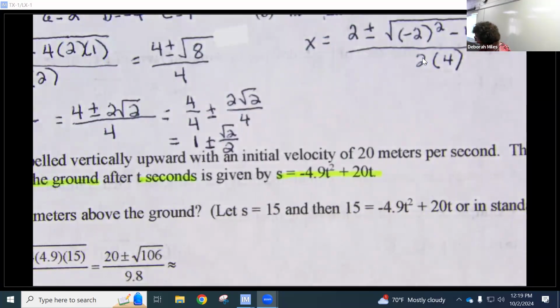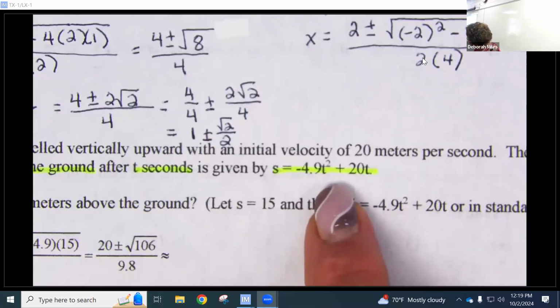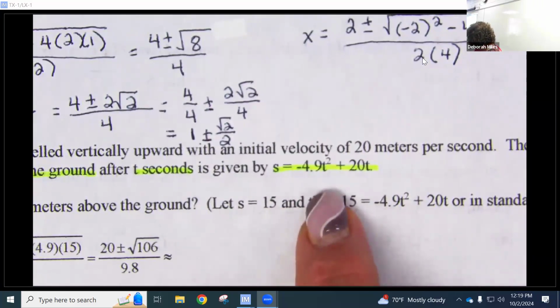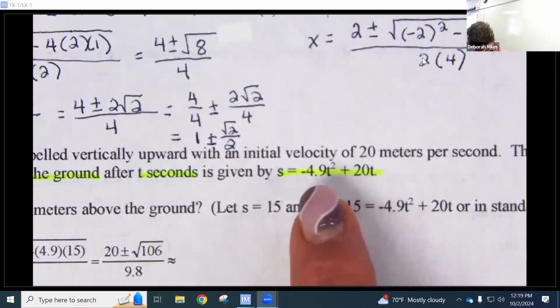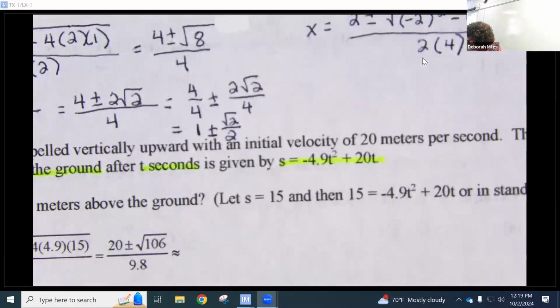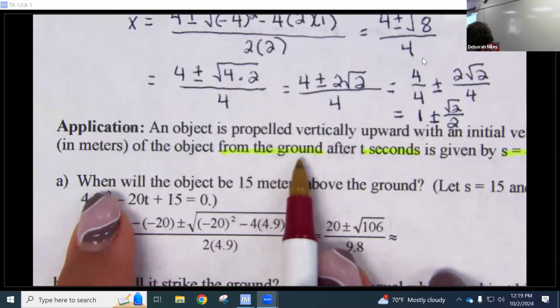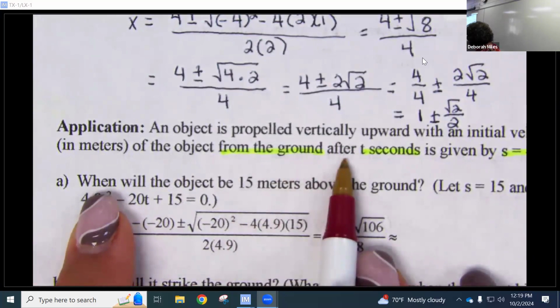If you say, how high will it be in 2 seconds? I'll put 2 in place of T. If you say, how high will it be in 1.5 seconds? I'll put 1.5 in place of T. But that's not actually what this is asking me. This is asking me when. Does when mean I'm looking for a distance or a time?